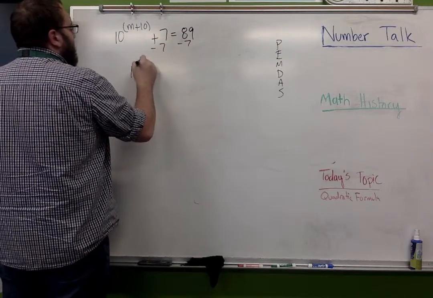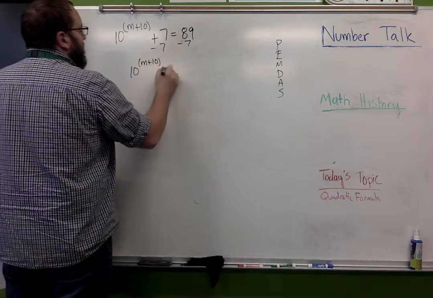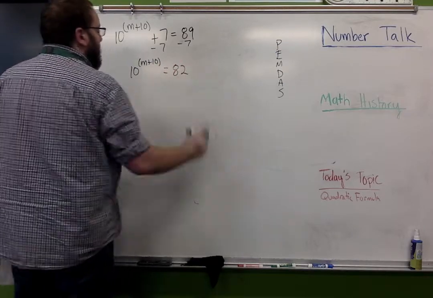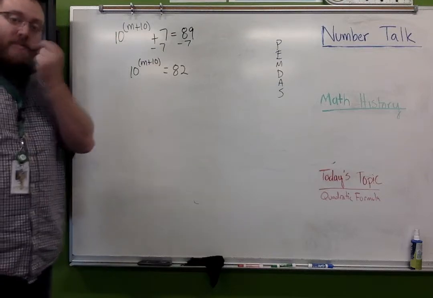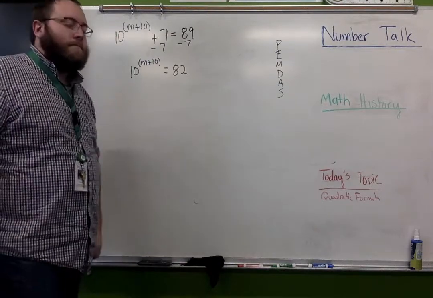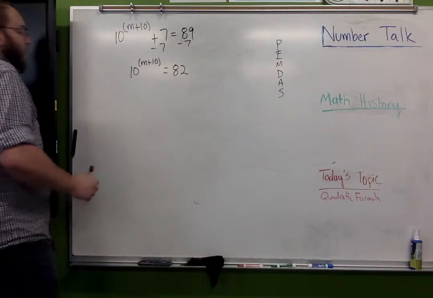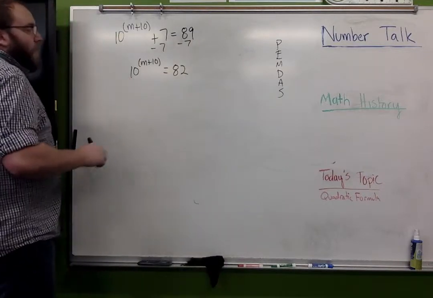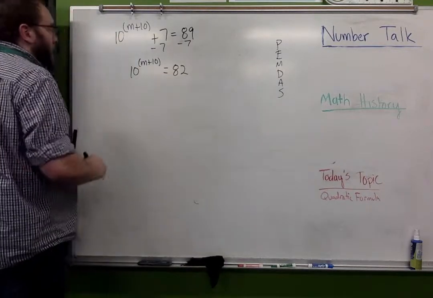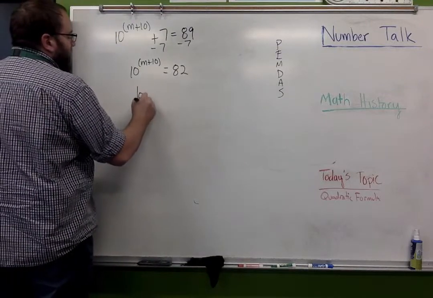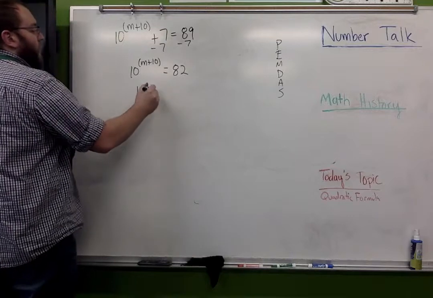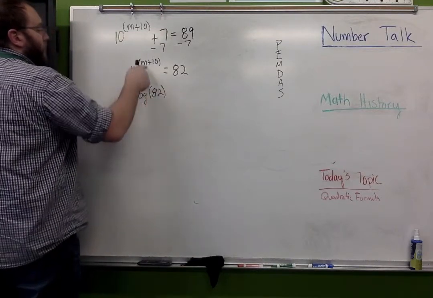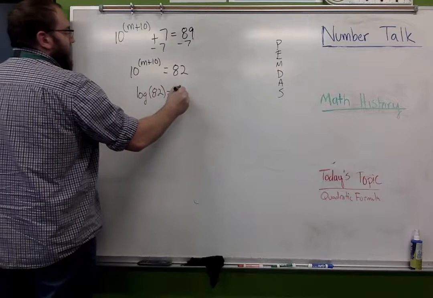So 10 to the m plus 10 power is equal to 82. Still, I can't get 82 to look like a power of 10. Well, actually, I can, but that's what we're trying to figure out. So I have to convert. Base of the logarithm stays the same, so common log. What was outside the logarithm is now inside. What was inside is now outside.